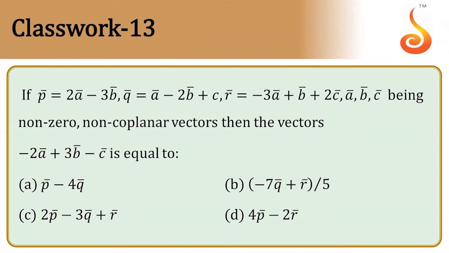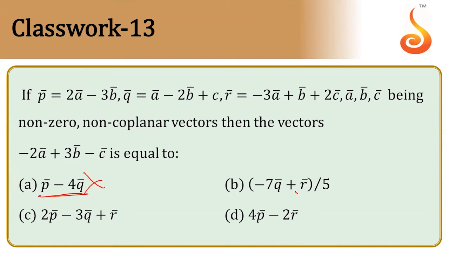Just take P minus 4Q. 2a bar minus 3b bar minus 4Q. 4a bar plus 8b bar won't come, just leave this one, because we want minus 2a plus 3b. Doesn't matter, this is b, a is not matching.